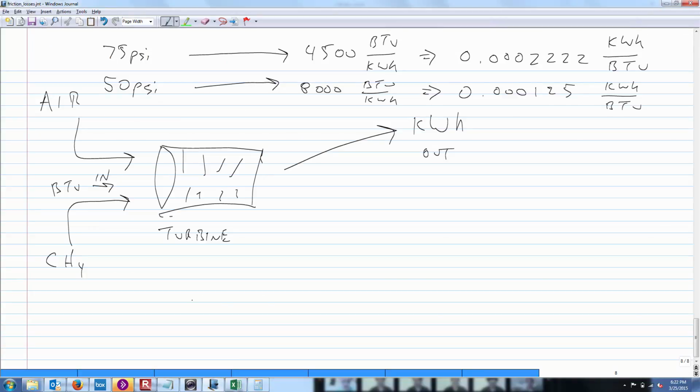So now we're looking at power equals 50 megawatts.